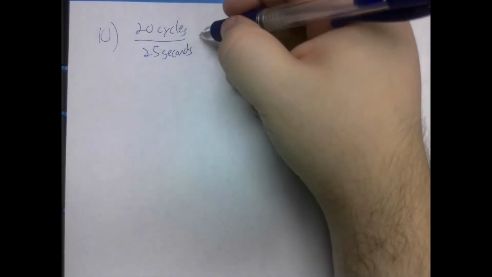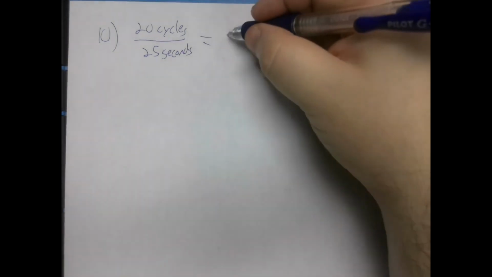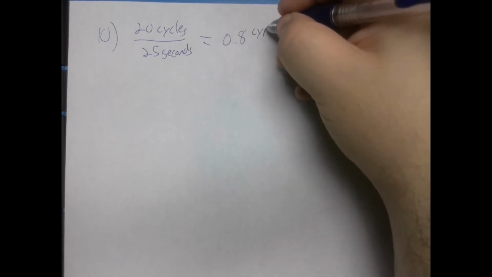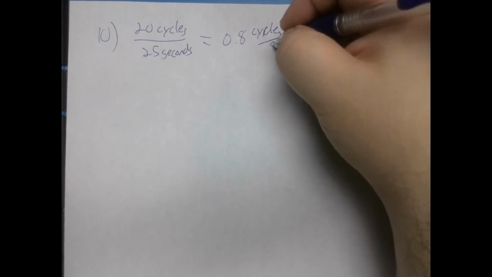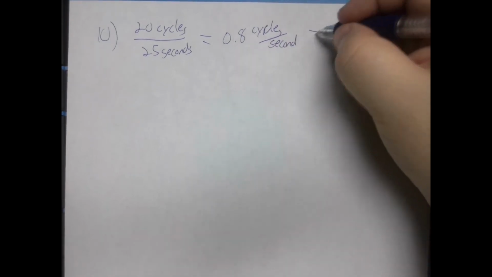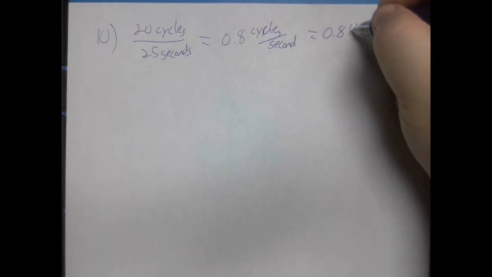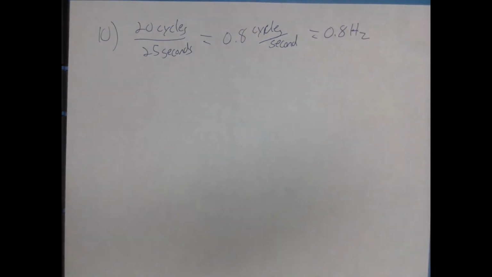Well, if we divide these, that tells her cycles per second. So 20 divided by 25 is 0.8, and that'll give you your cycles per second, which is a frequency. So that would give us hertz.